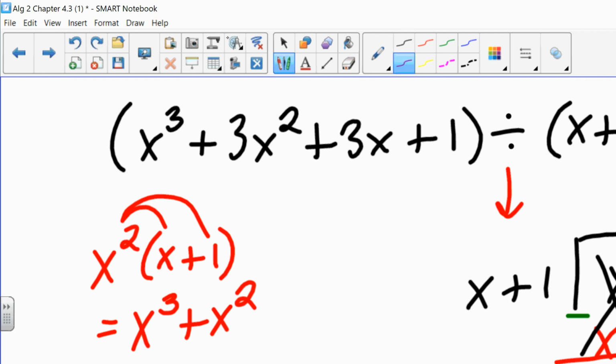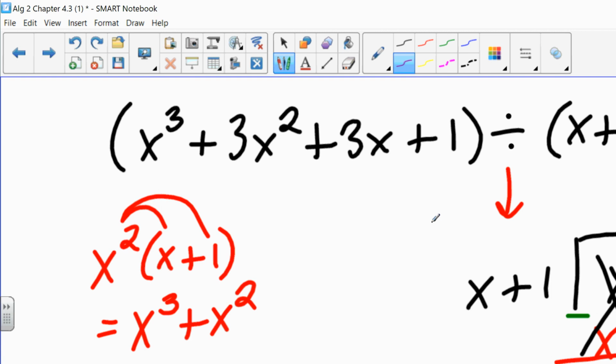And then what would we do next? We would drop down the plus 3x. Any questions on any of this here? We feel good with this so far?